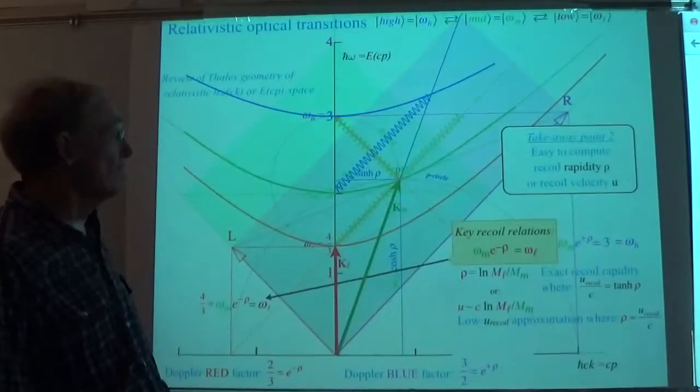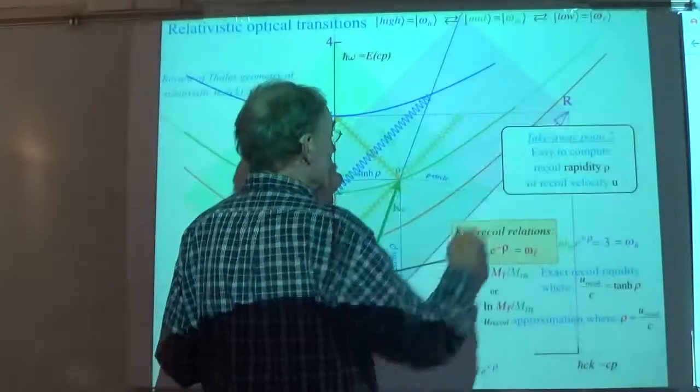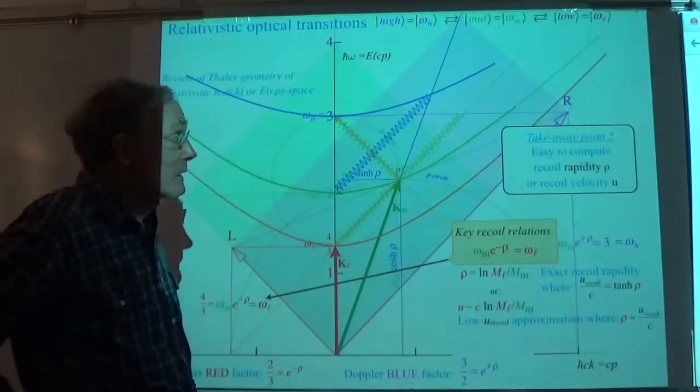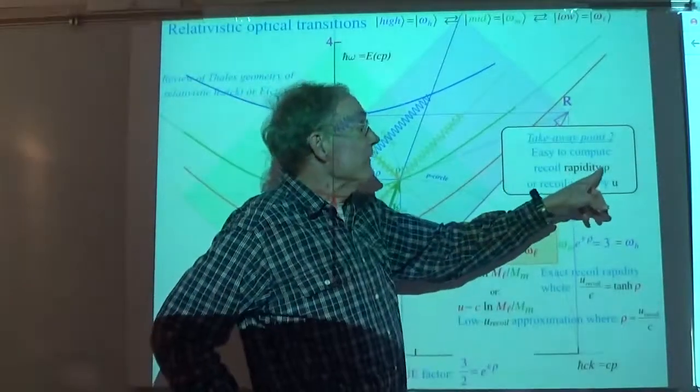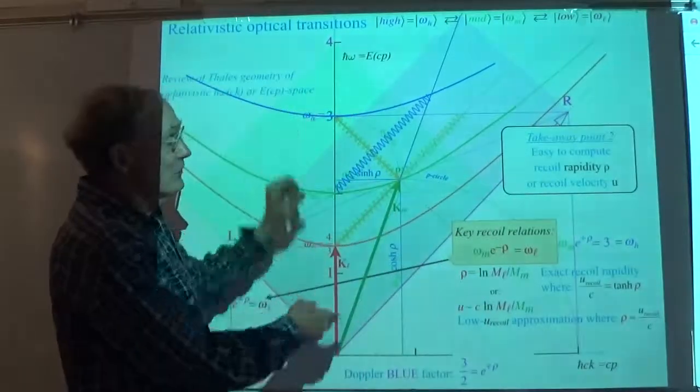But here's the really cool thing, is that you have a Doppler shift involved in that transition. Okay? So we want to compute the rapidity of the recoil velocity from a particular transition.